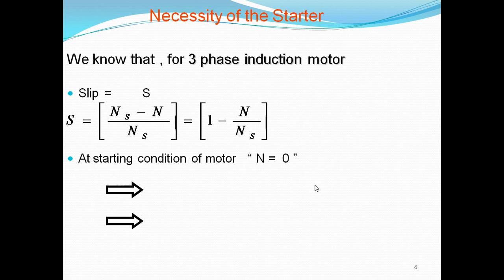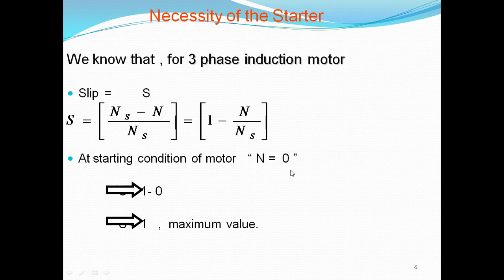At the starting condition of the motor, N is equal to 0, the motor speed is 0 at the time of starting. If you substitute N equal to 0, then what is the slip? Slip is 1.